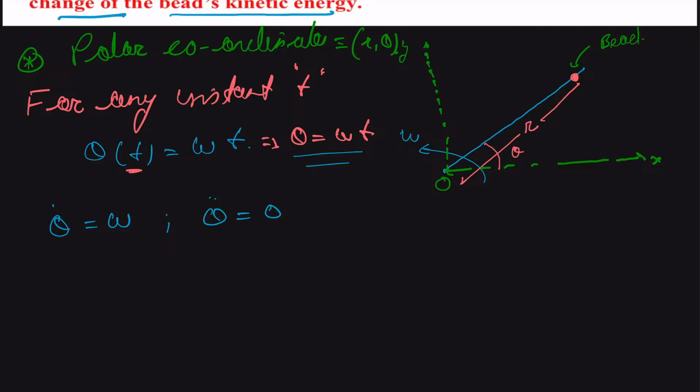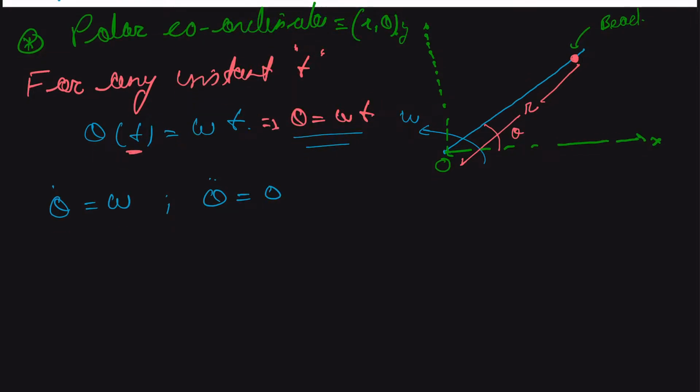So it basically means that the bead is constrained to move only in one direction, that is along the rod. Okay.